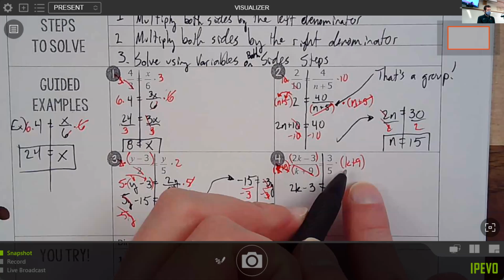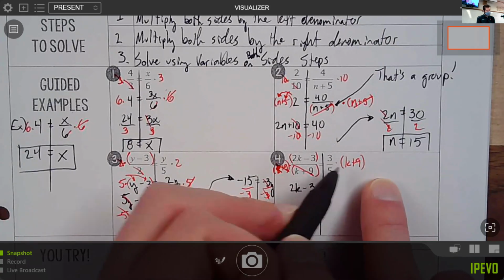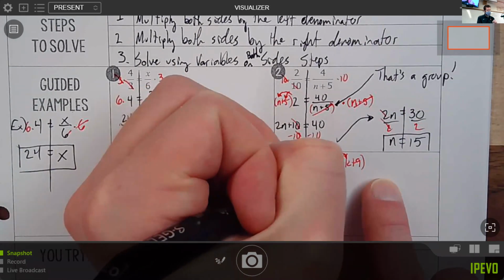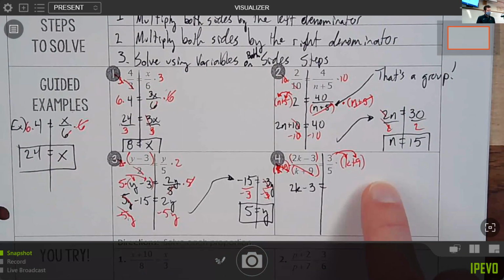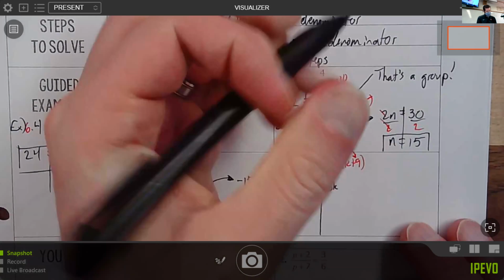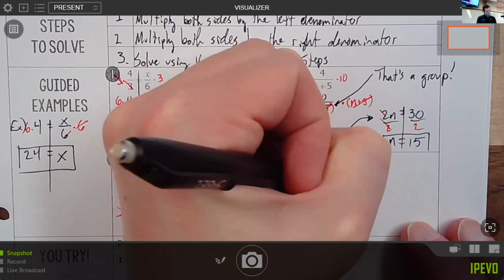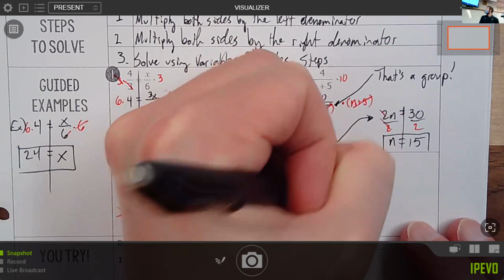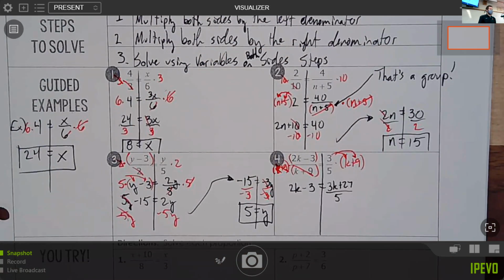we're going to multiply the numerator by k plus 9. And because it's a group, that means we are distributing. So that would be 3 times k, which is 3k, and 3 times 9, which is 27, all over 5. Because we still have that denominator to get rid of. Next step, what are we multiplying by now? 5.